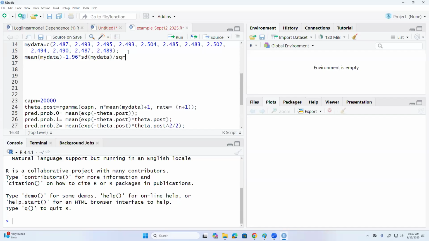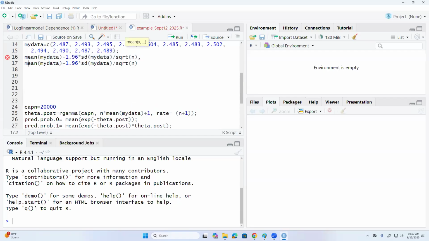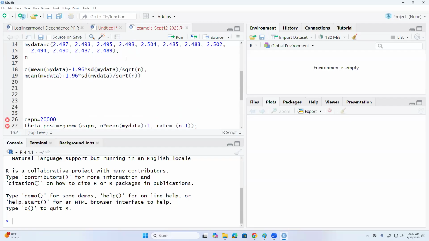divided by the square root of n. What is n? n is the length.